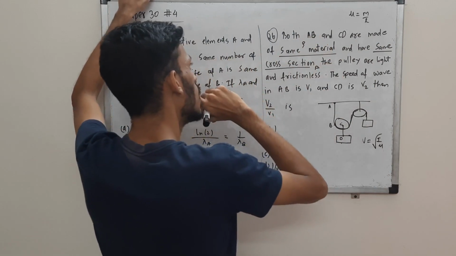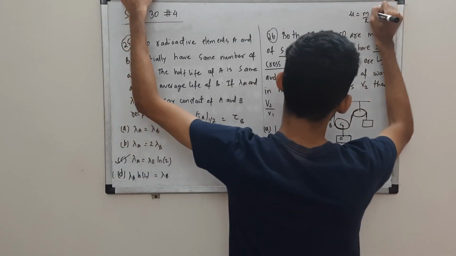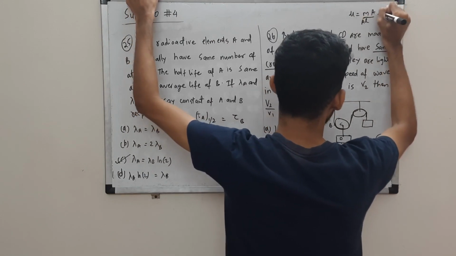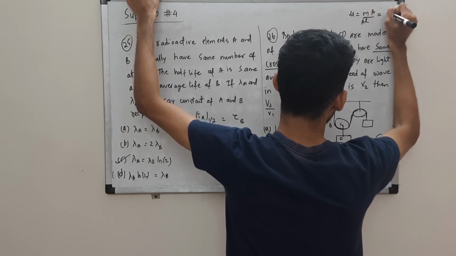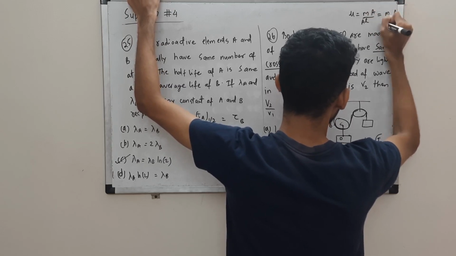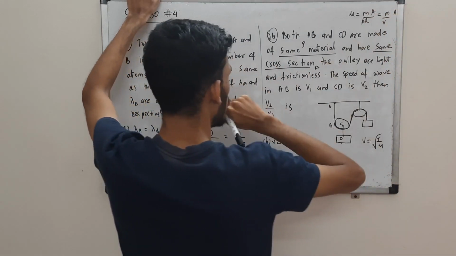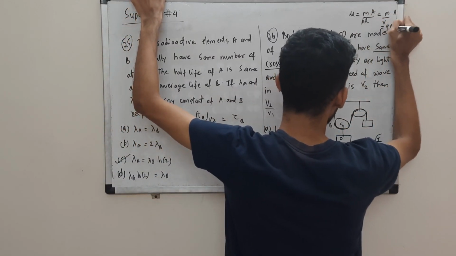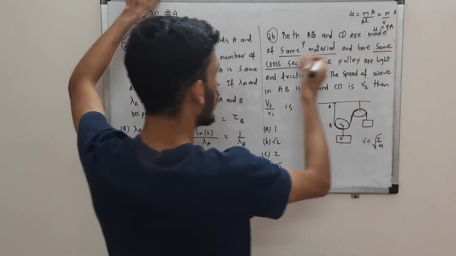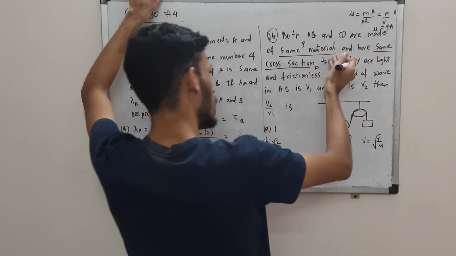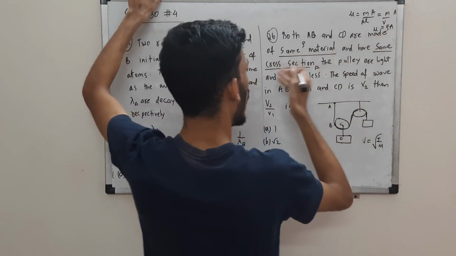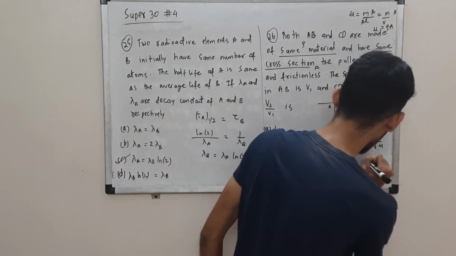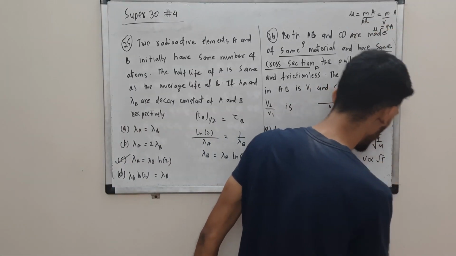So I can multiply and divide by A. Area into length is volume, and mass by volume is density. So mu is rho into A, and since density and area are both same, mu is constant. So we can say that velocity is proportional to root T.